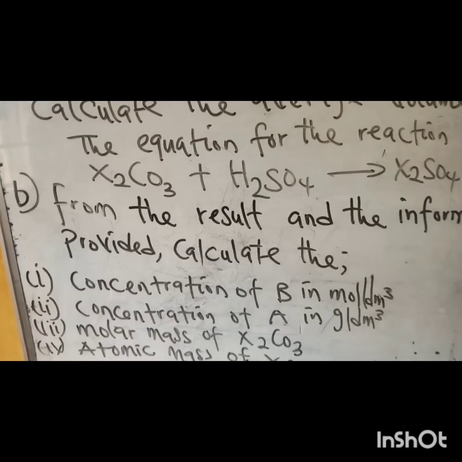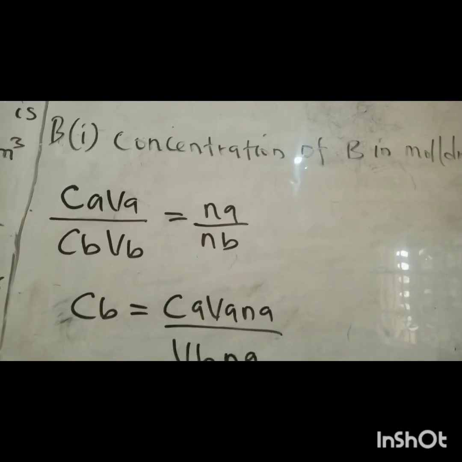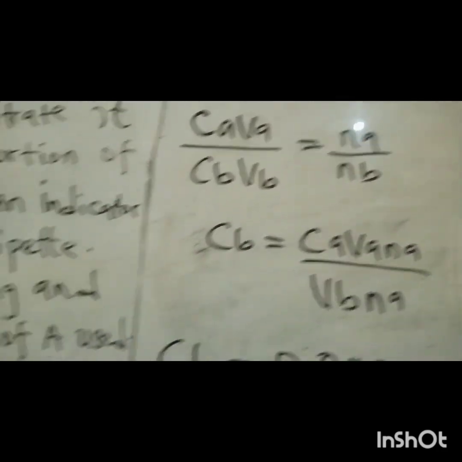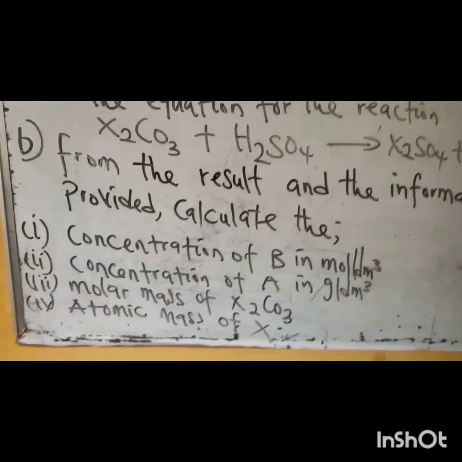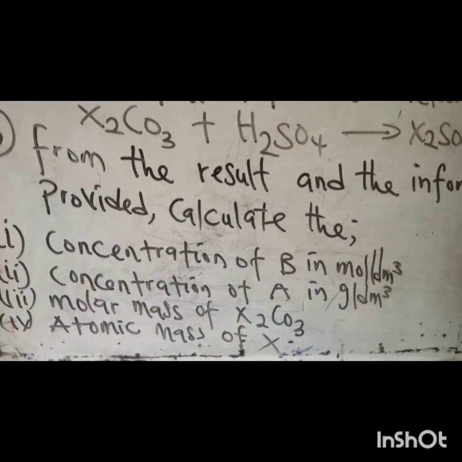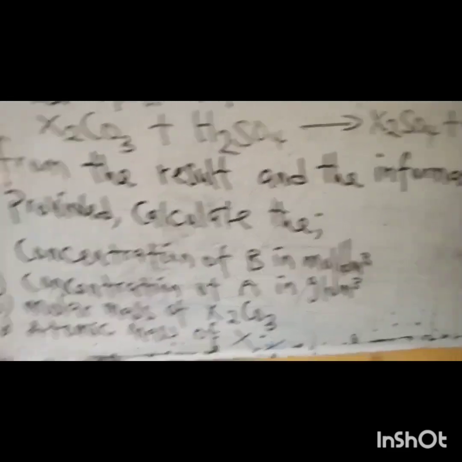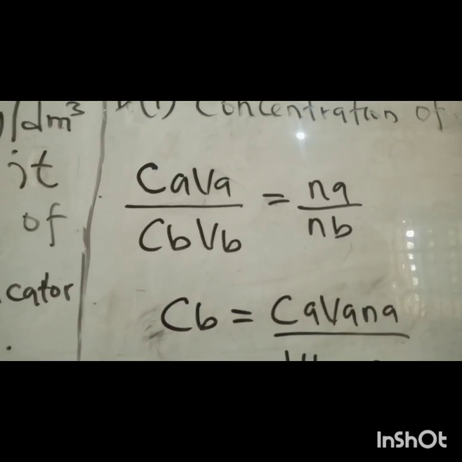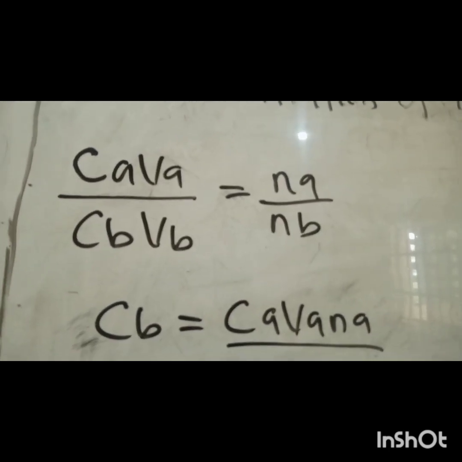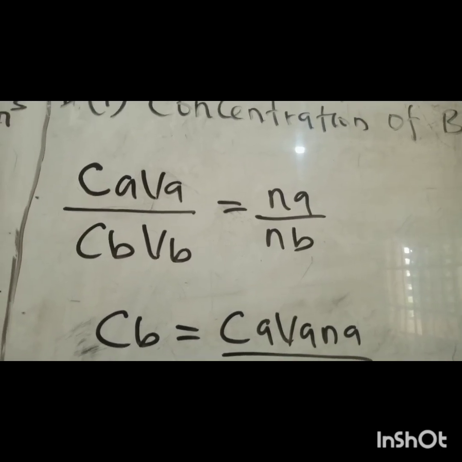Let's move into calculating the first one, which is the concentration of B in moles per dm³. Remember, these are the questions that you are going to expect in your exams. How do you calculate it? You use this formula: CAVA over CBVB is equal to the mole ratio of acid over the mole ratio of base.